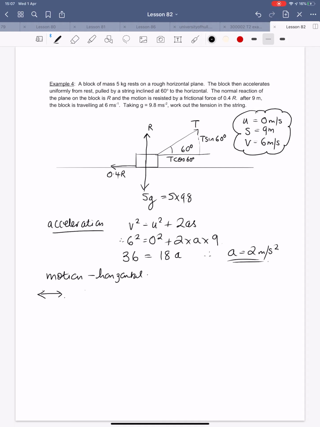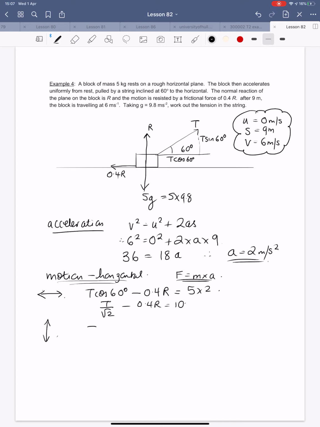So horizontally we've got T cos 60 degrees minus 0.4 R equals mass times acceleration. Force is mass times acceleration. The mass is 5, so it's 5 times 2. Cos 60 is 1 over root 2, so T divided by root 2 minus 0.4 R is 10.